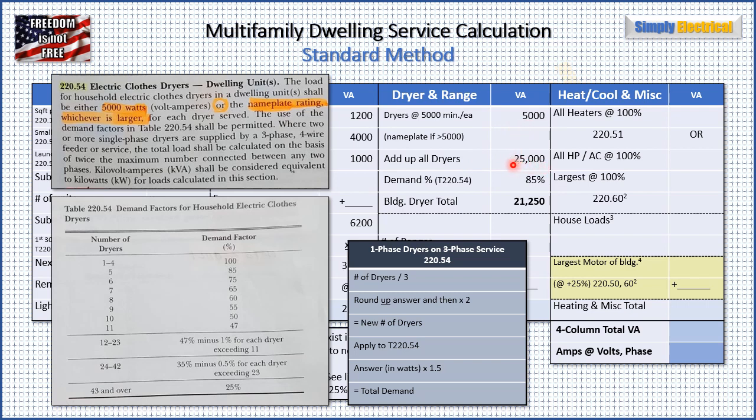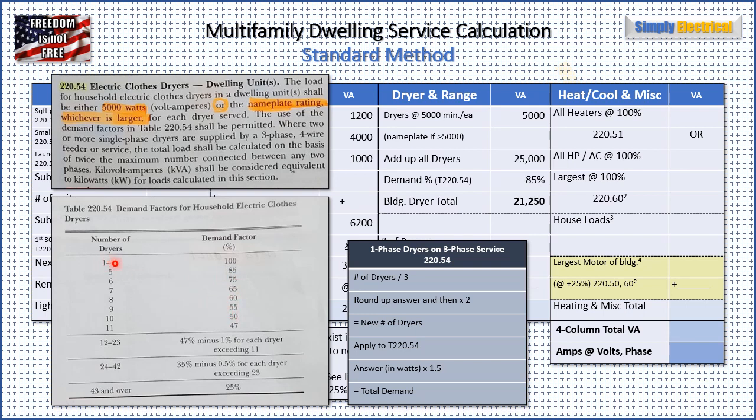But we get to take a demand percentage of this. It says right here, next sentence, the use of the demand factors in Table 220.54 shall be permitted. All right, let's go down to 220.54, demand factors for household electric clothes dryers. So you have your number of dryers over here and your demand factor over here. Once you get above 4 dryers, you can start using these demand factors.